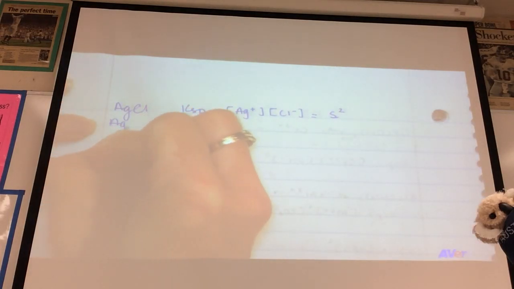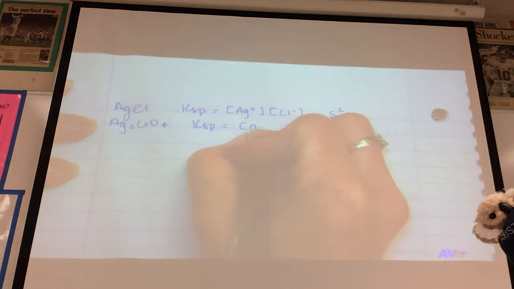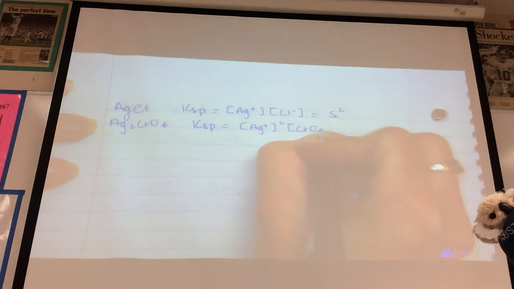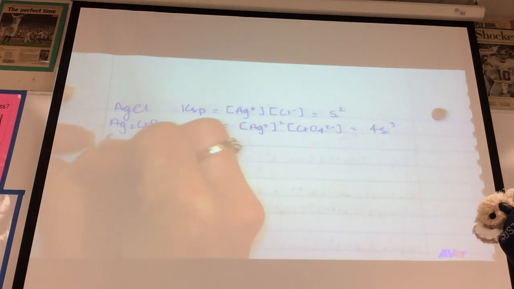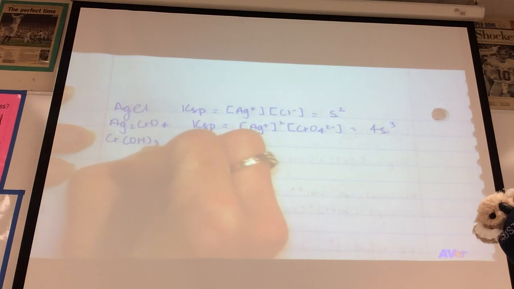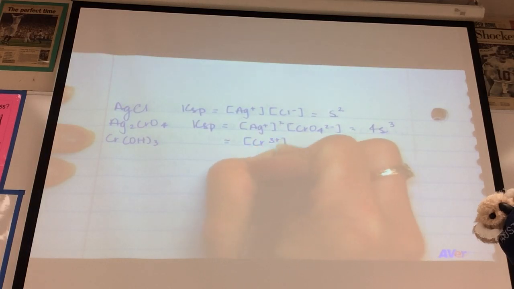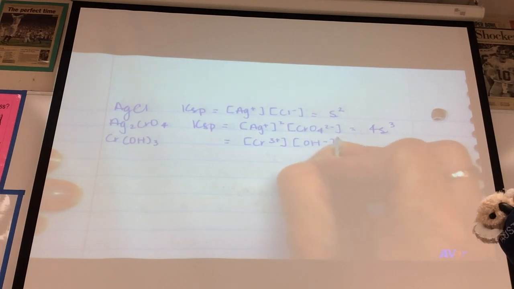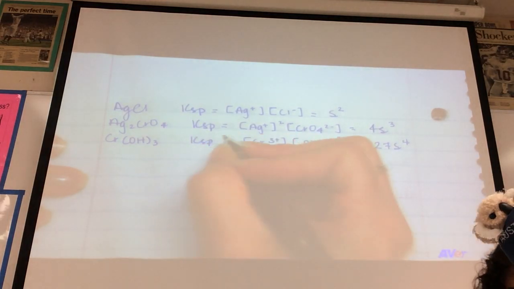If you had silver chromate, KSP would be equal to silver ion squared, chromate ion, we just did this one, and that would be 4S to the third. If you had chromium hydroxide, which we looked at the beginning, you would have chromium 3 ion, hydroxide ion to the third, and that's going to be 27S to the fourth. And you also can get 108S to the fifth.